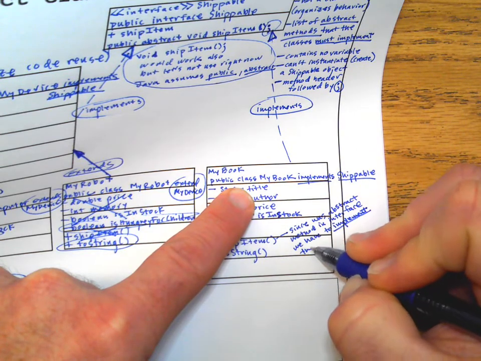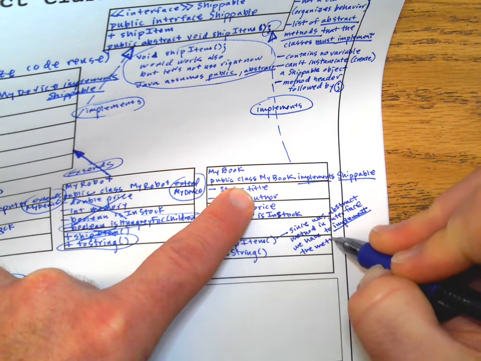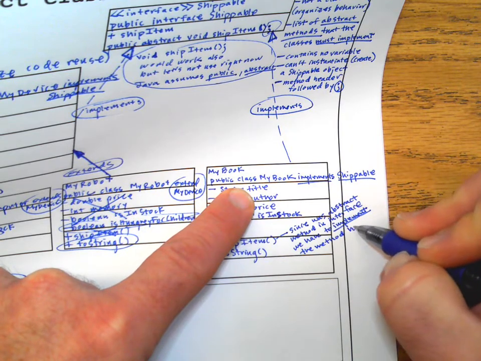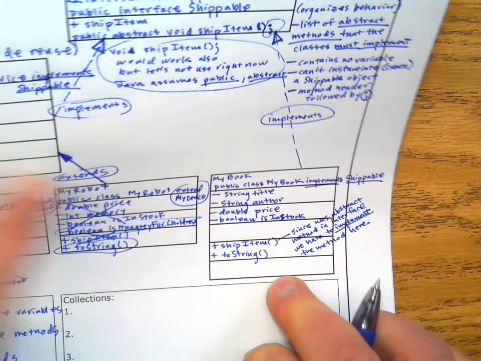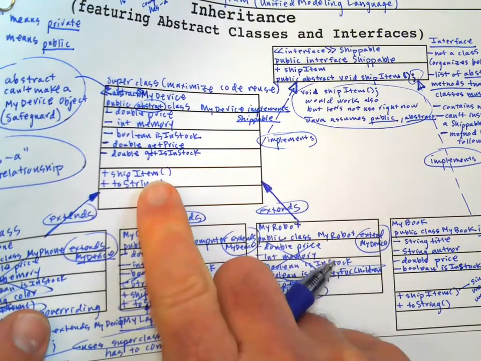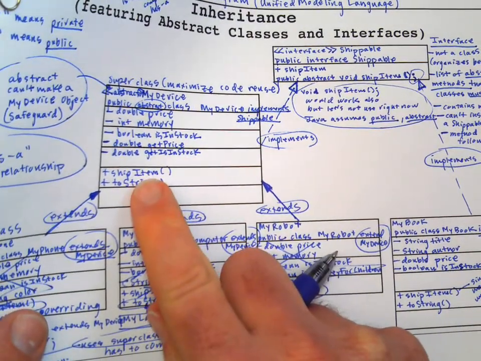We have to implement the method here. We have to supply the code that makes it work. Now, this guy over here, shipItem, was implemented right here. So that one's okay.